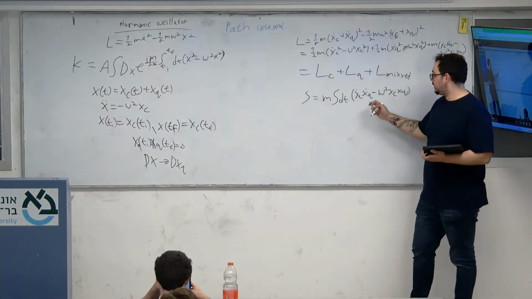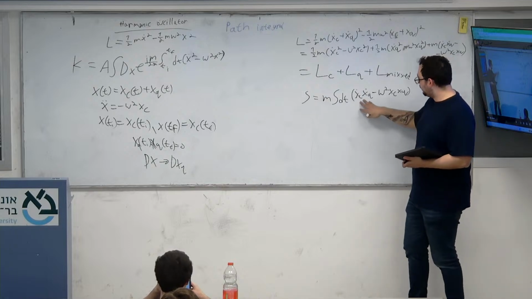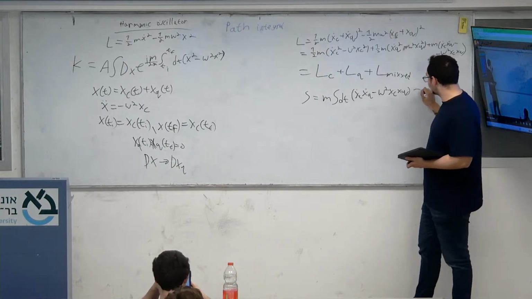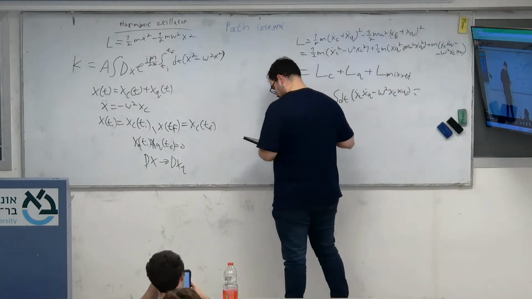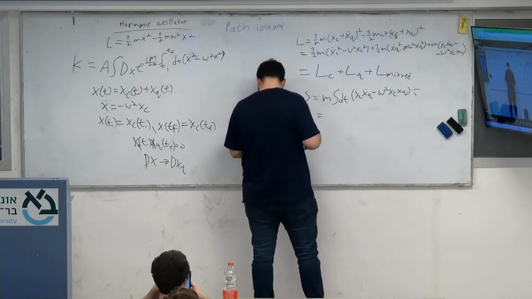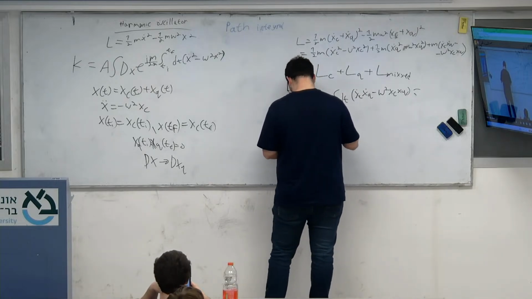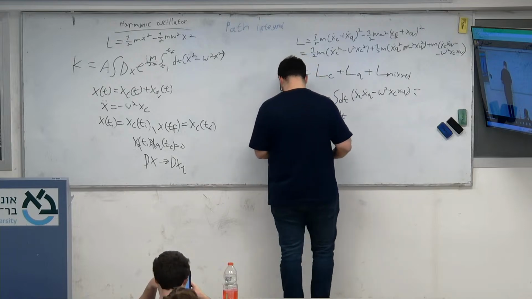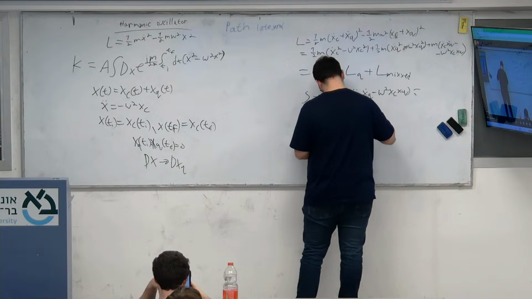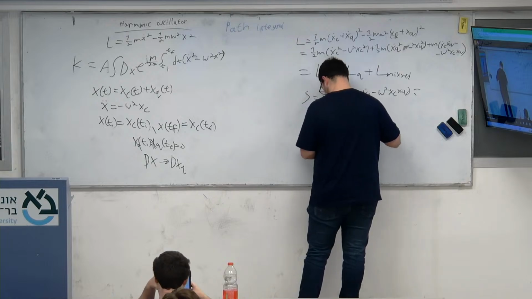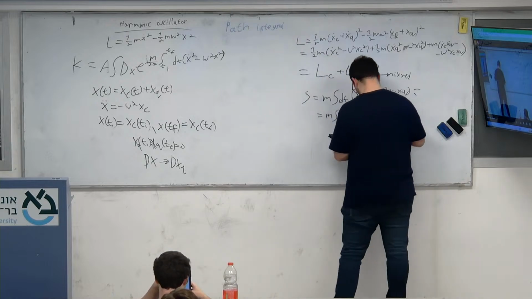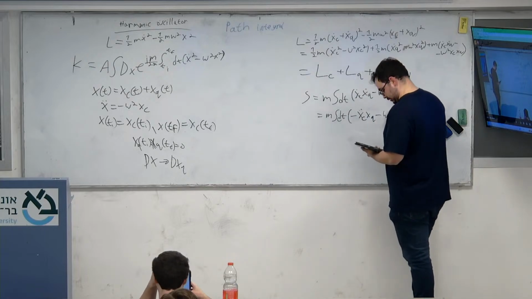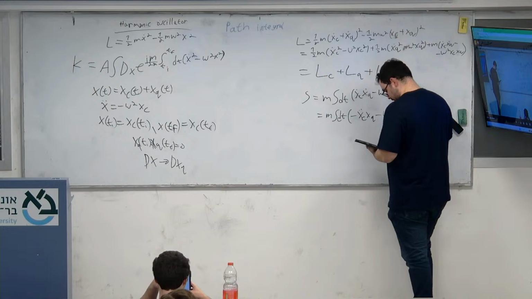Now I can integrate by parts the first term of this integral, to get m dt (minus xc double dot xq minus omega squared xc xq).